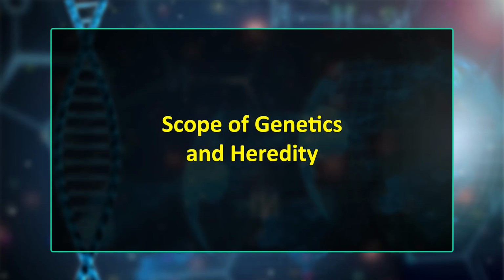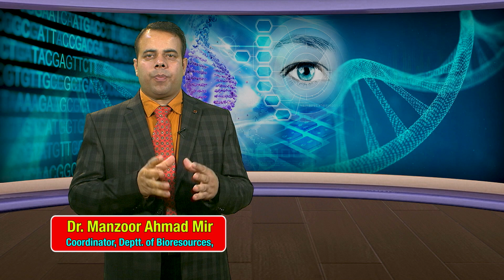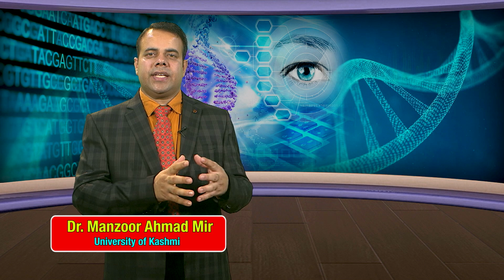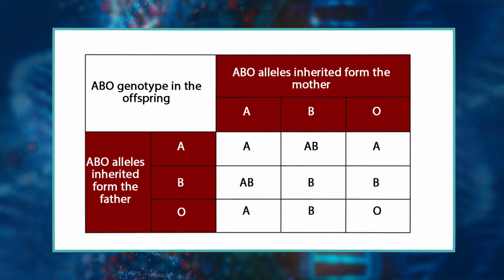Dear students, let's now discuss the scope of genetics and heredity. As soon as fundamental principles of genetic inheritance were clearly established in the early 20th century, anthropologists began using these principles and new empirical data to illuminate long-standing problems of human variation and primate phylogeny, initially focusing on human blood characteristics.